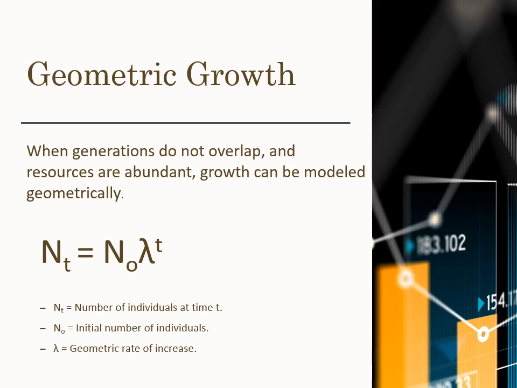If you're going to do that for the next year, you multiply it by lambda again, and lambda again, and lambda again. And so you're multiplying it by the geometric rate of increase dependent on t, which is your number of time steps or time intervals or generations. And for an annual plant, that would be years.